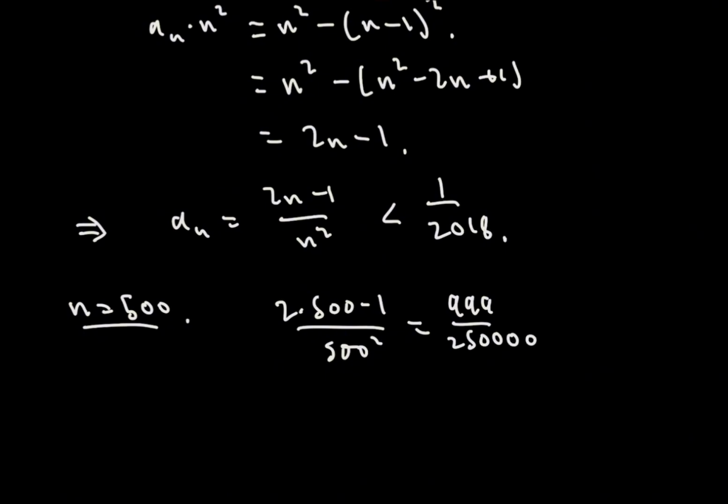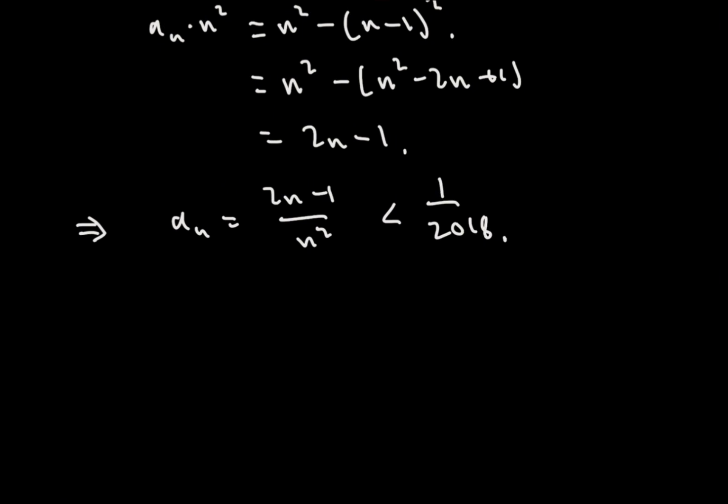The numerator is really close to 1,000, so let's just pretend it's 1,000. We cancel out some zeros, and we see that we only have 1 over 250. So we know we're dealing with really big values of n.